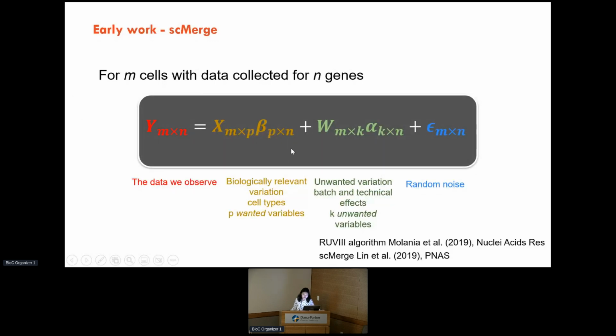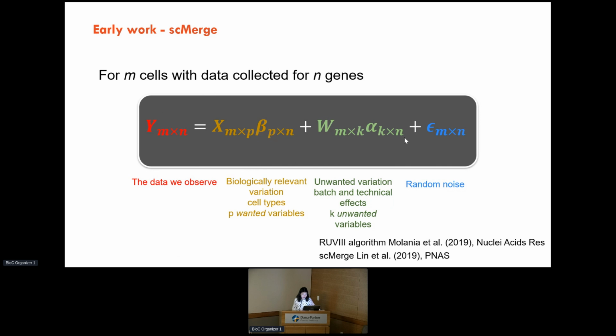X beta models the wanted variation, and W alpha models the unwanted variation. The aim is to estimate W alpha from the data set using some information, and then we can adjust the observed data by subtracting W alpha from it.